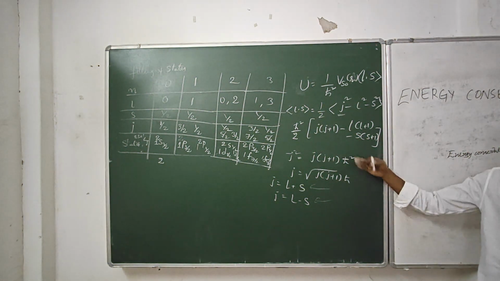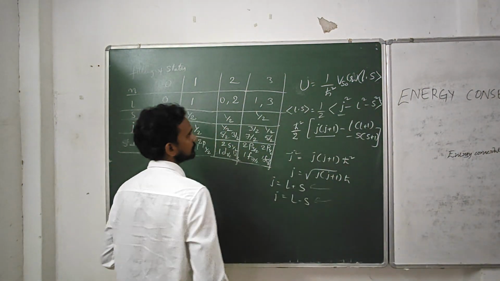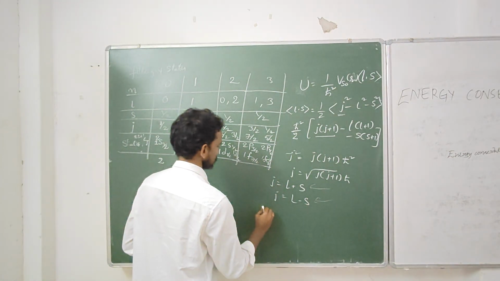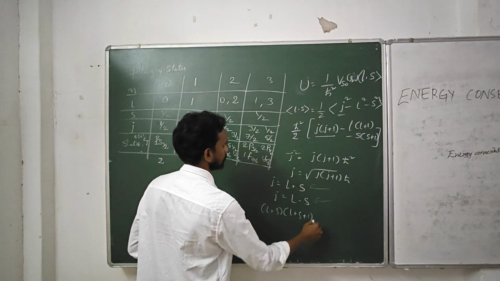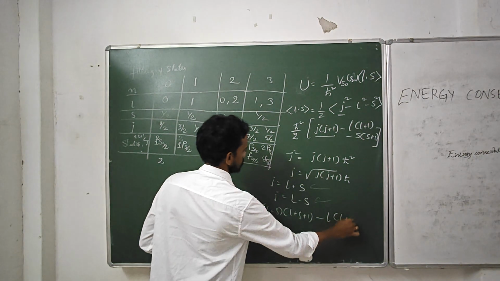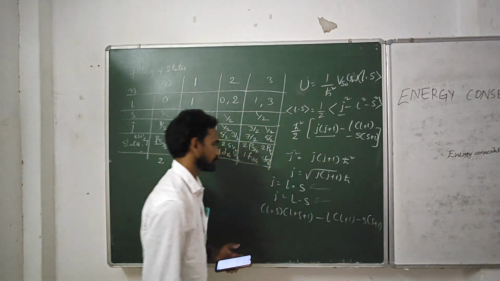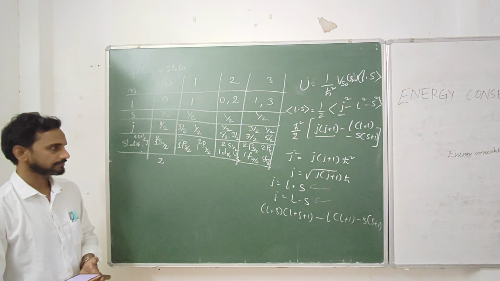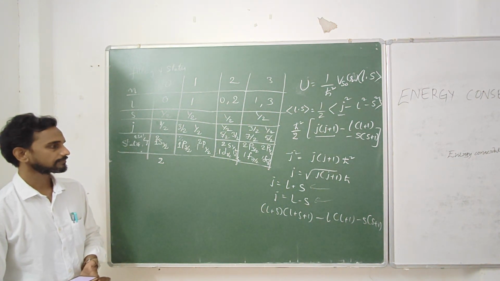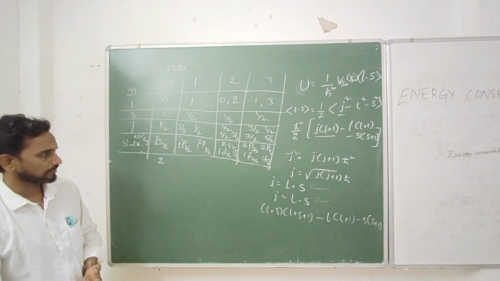So if you substitute L plus S, what do you get? L plus S multiplied by L plus S plus 1 minus L into L plus 1 minus S into S plus 1, for J is equal to L plus S. So if you complete that multiplication and all, what do you get?